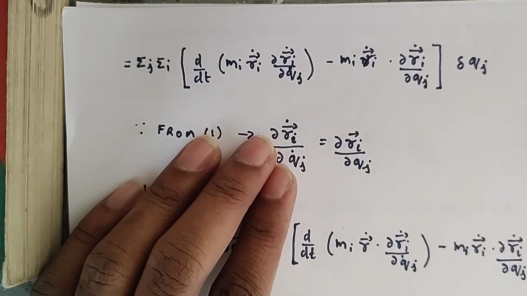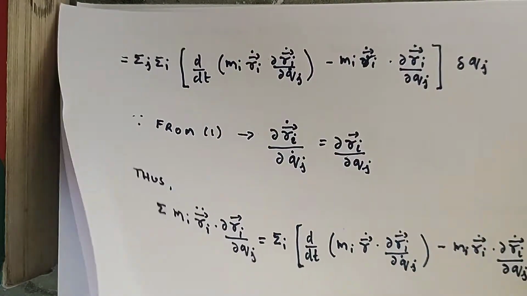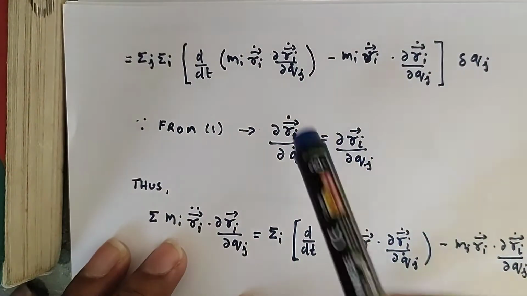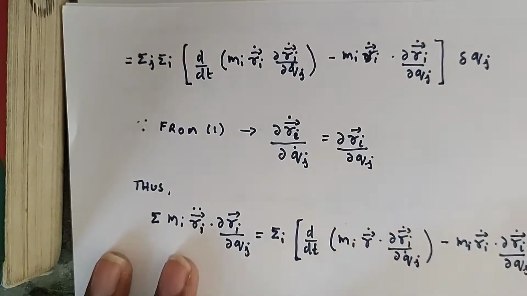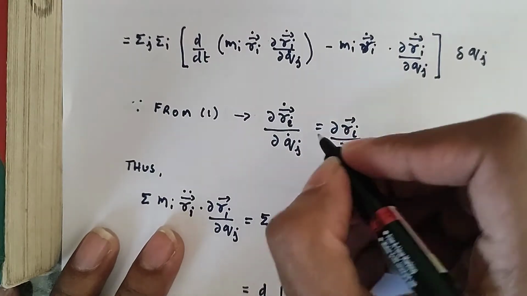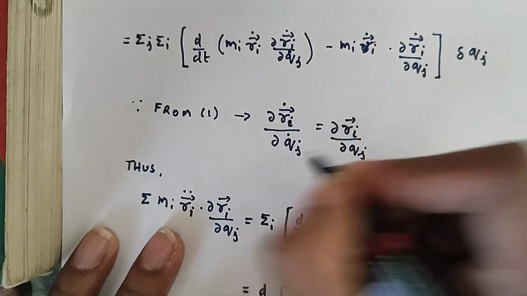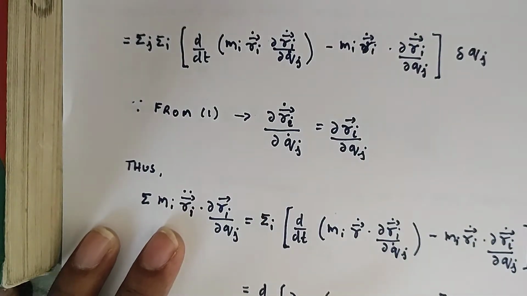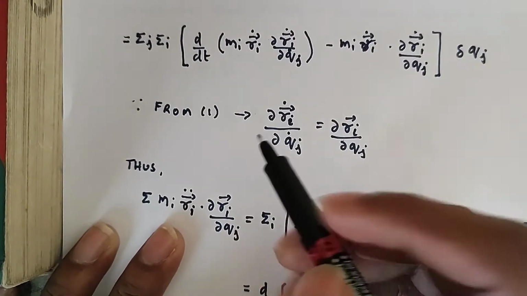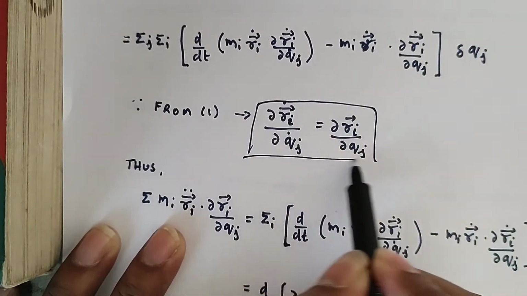I have just substituted both the equations into this. From equation 1, I get an equation which states that the partial differential of the r_i vector dot upon dow q dot j is equal to the partial differential of the r_i vector upon dow q_j. This is one of the equations that we will use in order to simplify our fact.